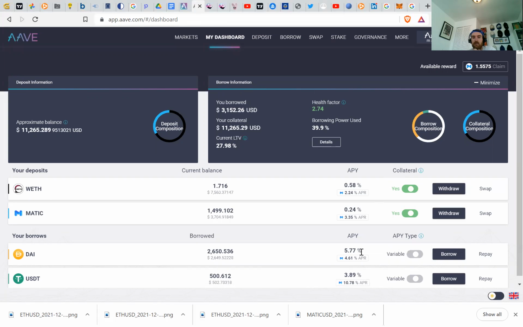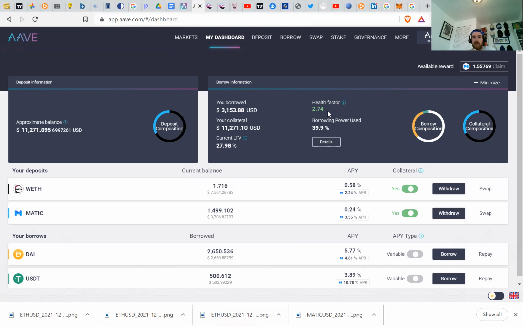Obviously, I have to pay the APY as well on top of that. But because I think MATIC's going to go higher, you could just 3x or 5x these percentages. So I'm getting paid to be long in MATIC tokens. You can see the claim here. And then I went to Sushi on Polygon. I swapped these for ETH, and it got me an extra 0.71 ETH. So that's my trading account.